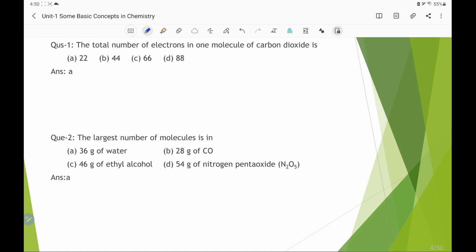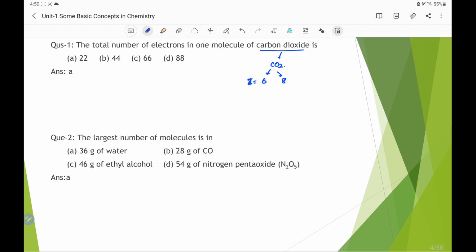Question number 1. The total number of electrons in a molecule of carbon dioxide. Carbon dioxide is CO2. Here carbon has atomic number Z equal to 6 and oxygen is 8. The number of protons equals the atomic number, and because an atom is neutral, the same number will be the number of electrons.